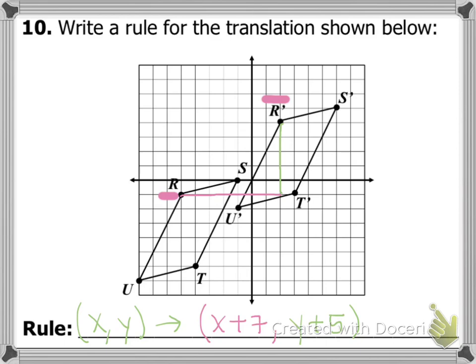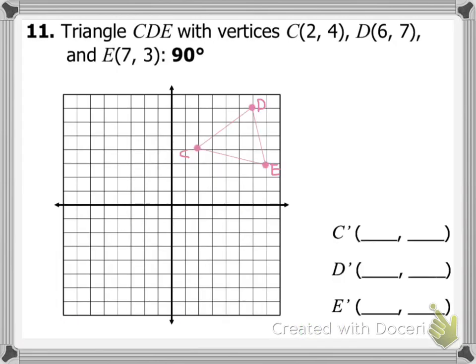Okay, so now let's look at a rotation here. So triangle CDE with vertices at C (2, 4), D (6, 7), and E at (7, 3). I want to rotate 90 degrees. So we need to remember what 90 degrees means. 90 degrees means that my X and Y are going to change.